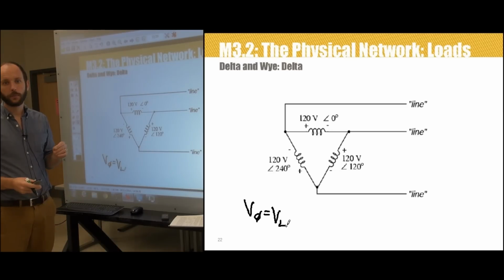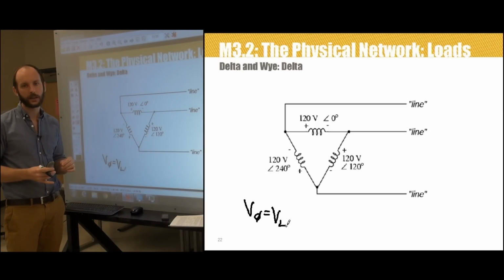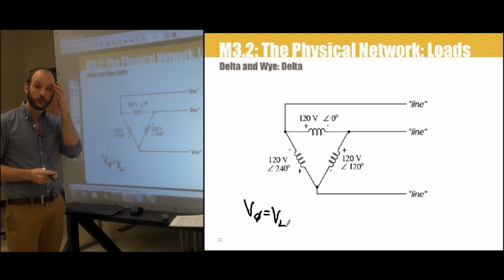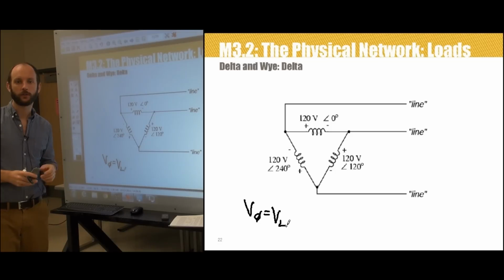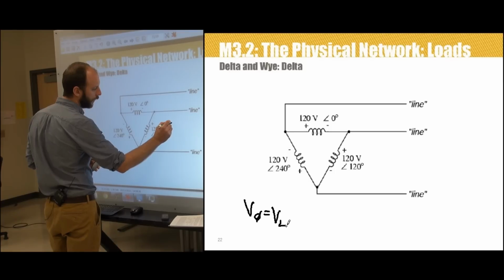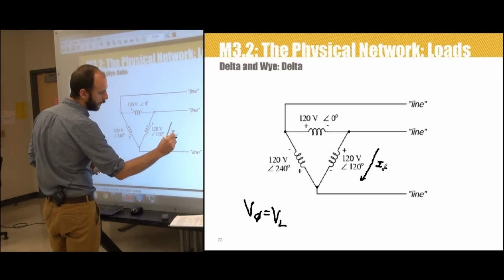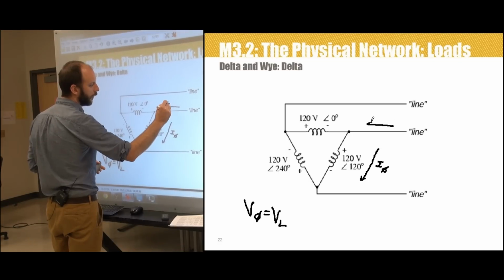Conversely though, because each line conductor attaches at a node between 2 windings, the line current has to be calculated using the vector sum of the 2 joining phase currents. What we're saying there is, if I've got current flow in this element, that would be the phase current. This is the line current here.